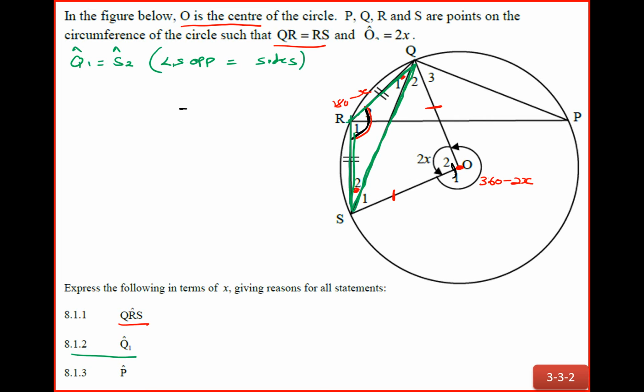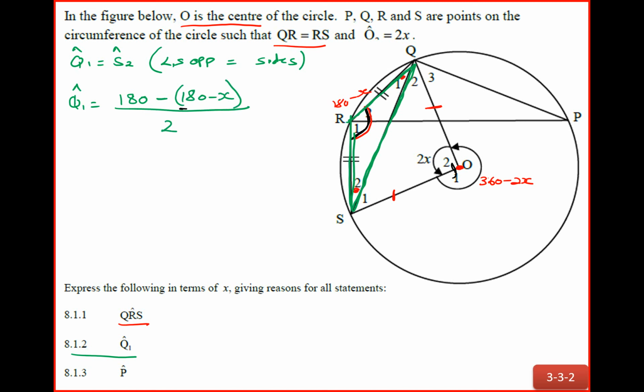We're going to use sum of angles of a triangle because we know that the angle R is 180 minus x. So angle Q1 is actually equal to, we're going to take 180 degrees, subtract the angle of 180 minus x, and we're going to divide that by 2.